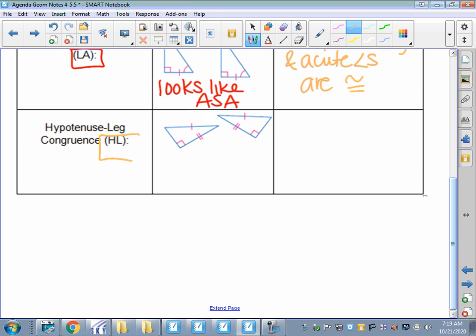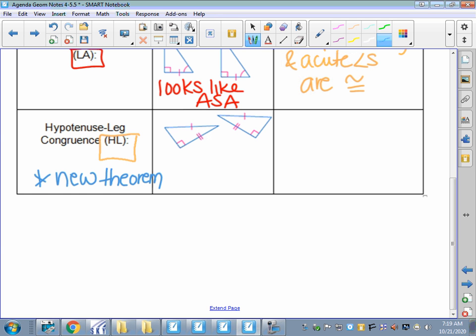This is the new one. This is an addition to what we have. So let me just jot down, I'm going to say this is a new theorem, postulate, whatever. I'll call it a theorem. This is the new one, so this one could pop up. This looks like angle, side, side, right? We don't do angle, side, side for a multiple of reasons.